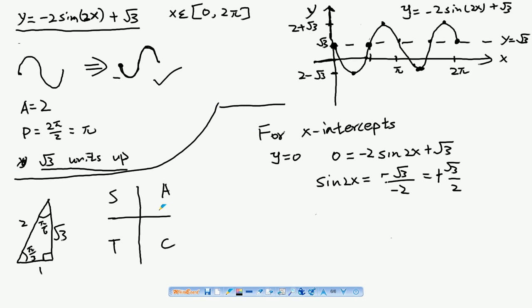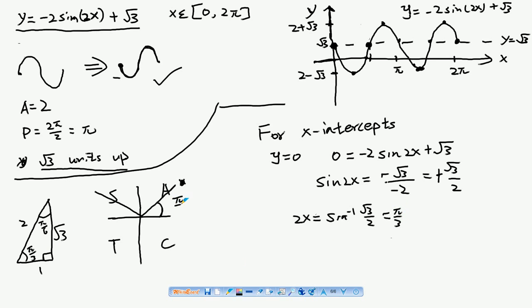Because sine of 2x is a positive value, our answer should be in these two quadrants. The angle between is 2x equals inverse sine of square root of 3 on 2, which is pi on 3, using special triangles.